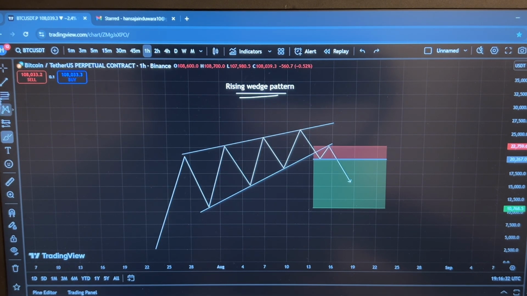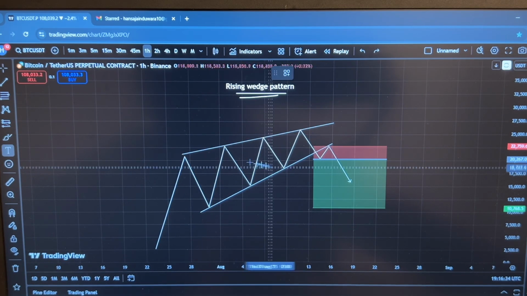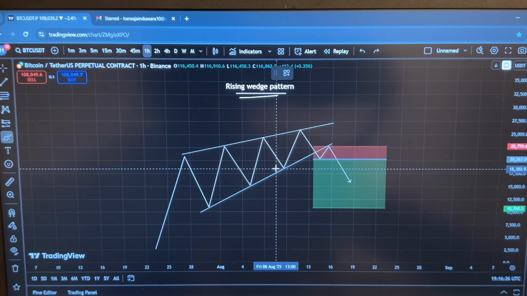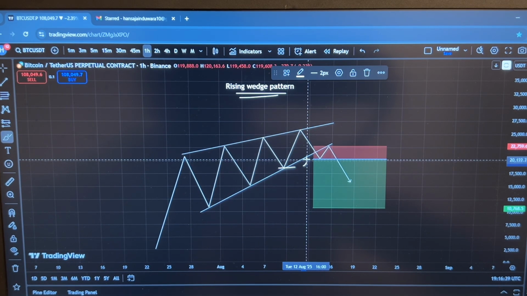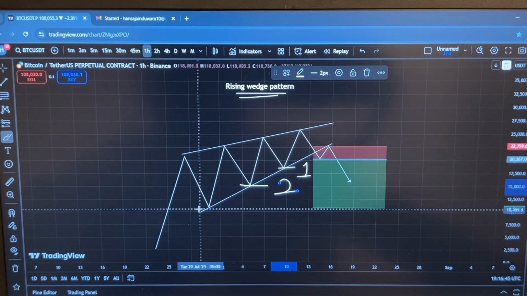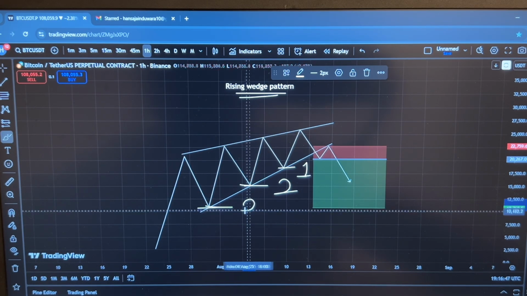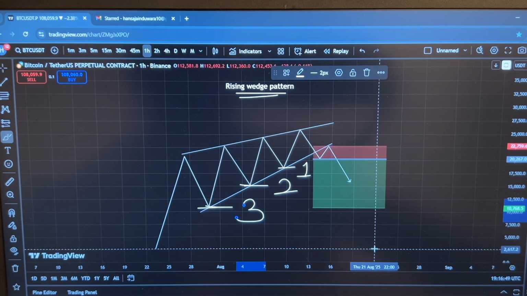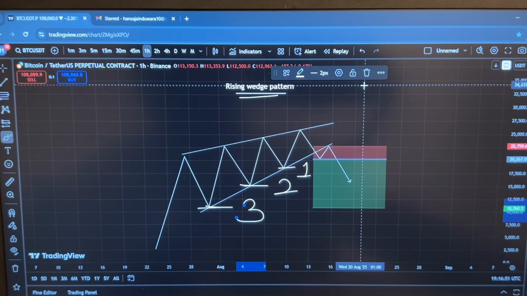Okay, so the first TP is going to be this, our TP level number 1, and then this is going to be our TP level number 2, and this level is going to be our TP level number 3. Okay, now let me explain how to use these levels.